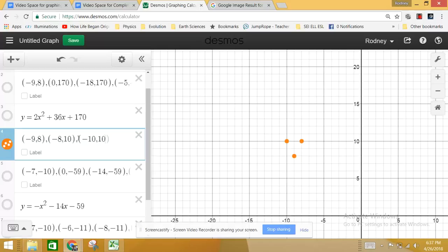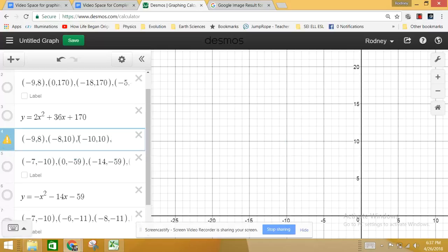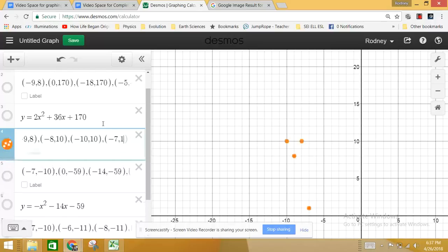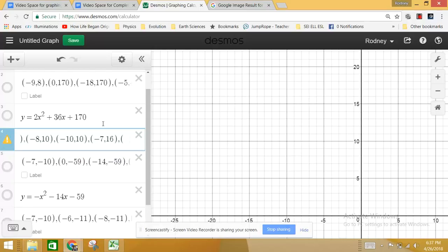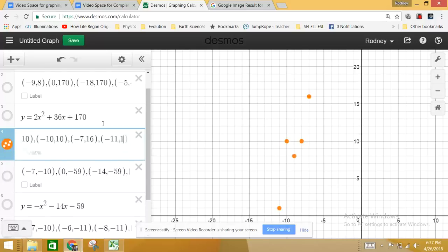And you can see it's already starting to have that little parabola shape. And now we will go over one more to -7. And instead of going up 3 from 10, we're going to go up 6. So 16. We're doubling that pattern. And on the other side, it's going to go (-11, 16). And then instead of going up 5, so we go 1, 3, 5, we'll go 2, 6, 10.